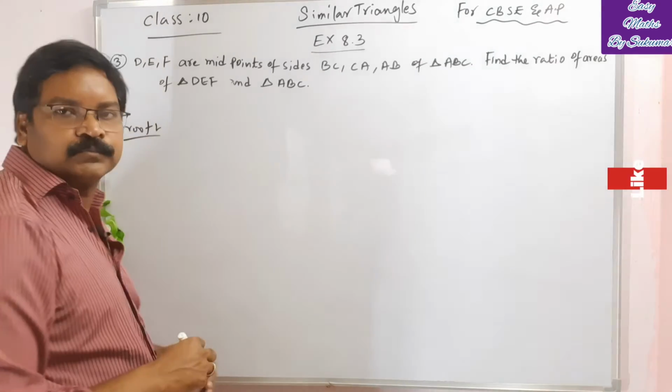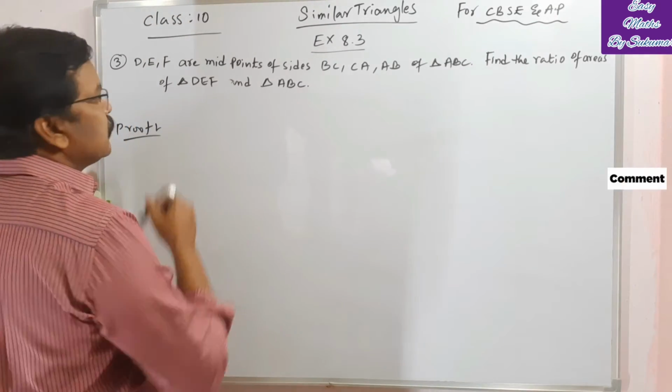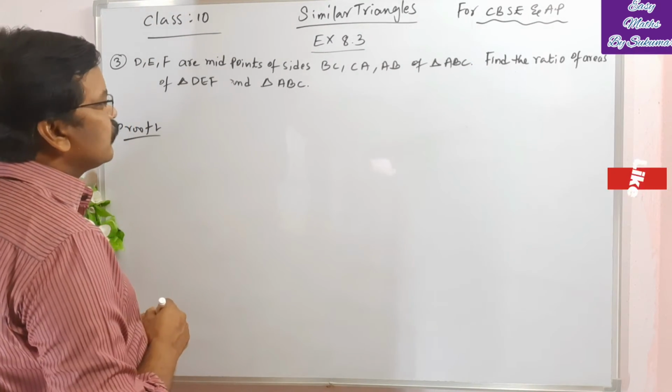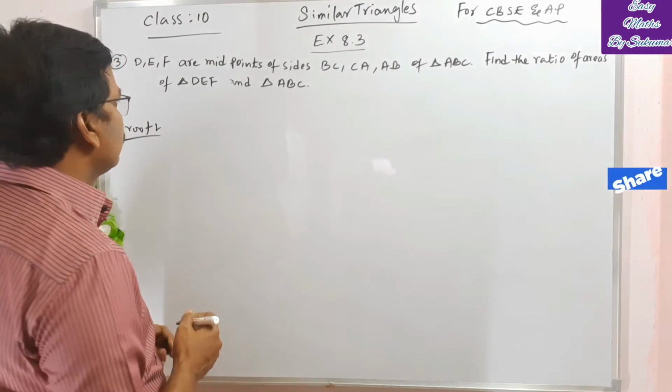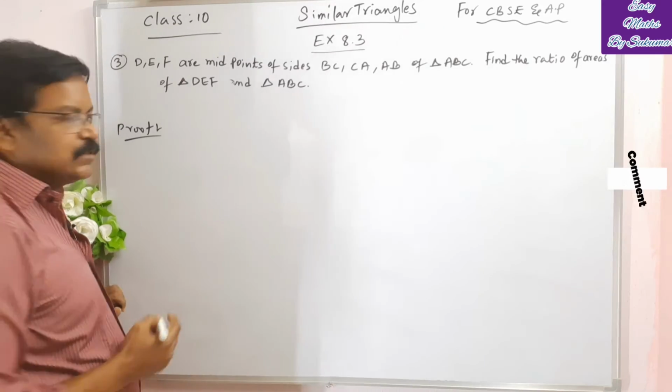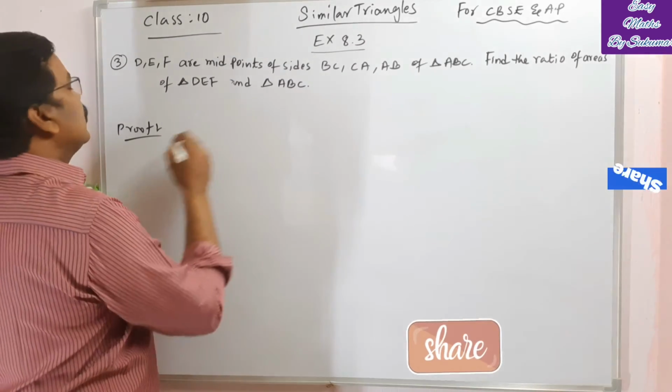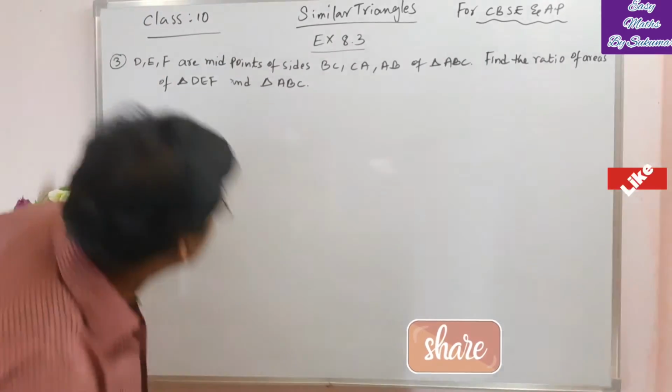Here is the third sum in exercise 8.3. D, E, F are the midpoints of sides BC, CA, AB of triangle ABC. Find the ratio of the areas of triangle DEF and triangle ABC. What is given here?